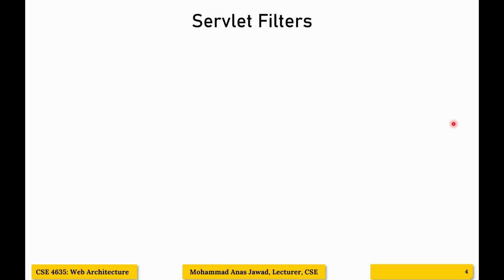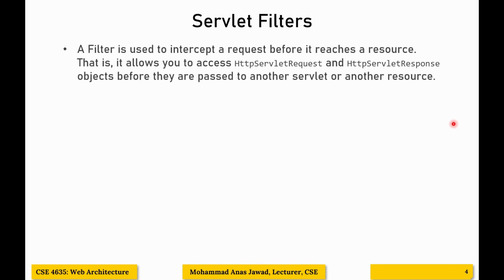Our next topic, and probably the last topic for servlet technology, is servlet filter. A filter is used to intercept a request before it reaches a resource. Essentially, servlet filters give you the opportunity to access your HTTP servlet request and response objects before they are passed on to other resources or other servlets.